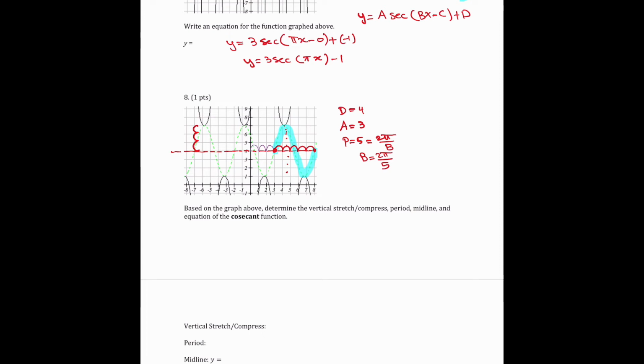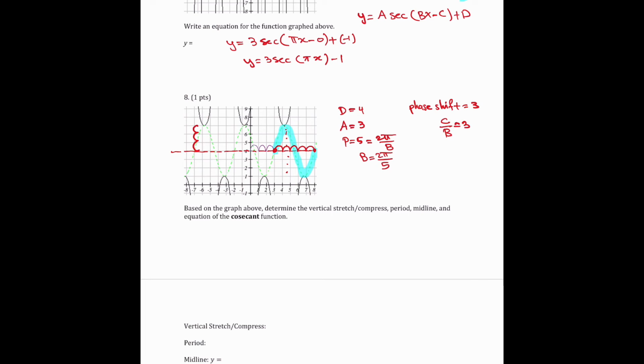Now C comes from the phase shift. The phase shift is equal to 3 in this case, and it's positive because we moved to the right 3 units. Phase shift is C over B equals 3.